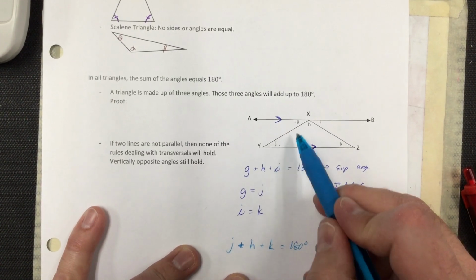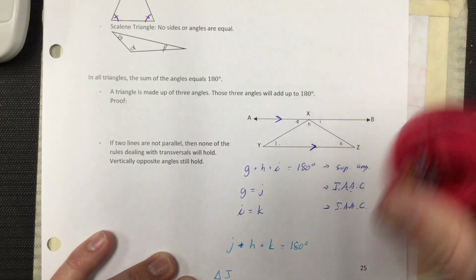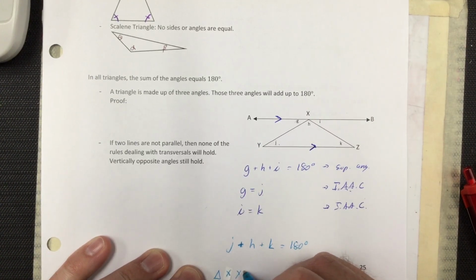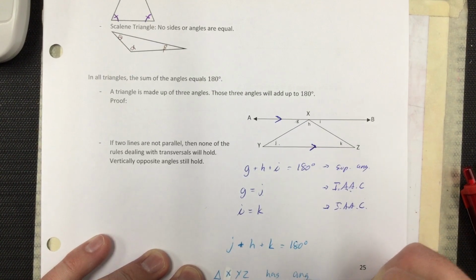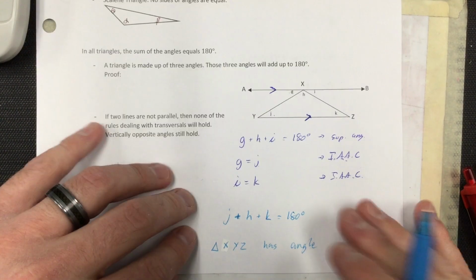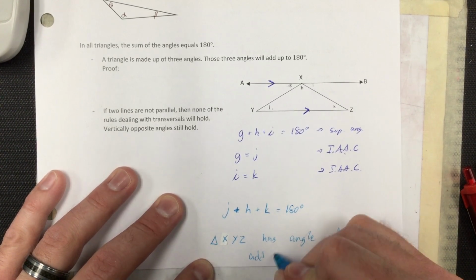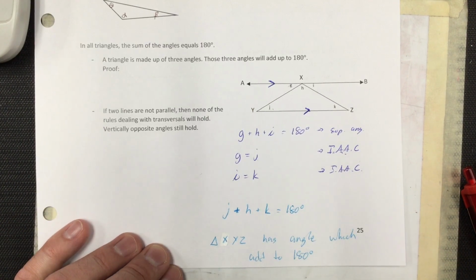That means that J, H, and K, so triangle XYZ, has angles which add to 180 degrees.